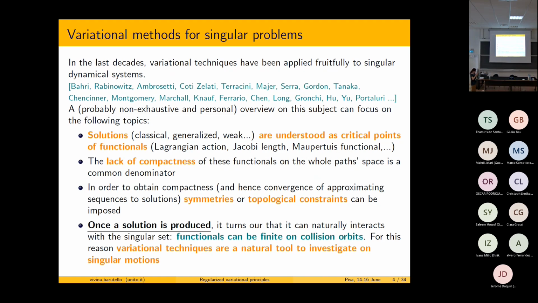Once the theoretical building is built and the solution of the problem is produced, it turns out that the critical point that you have found can interact with the collision set.